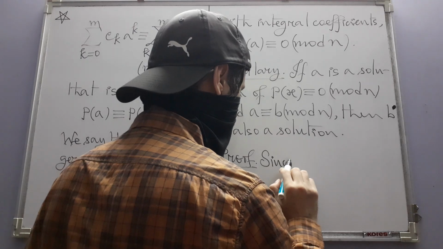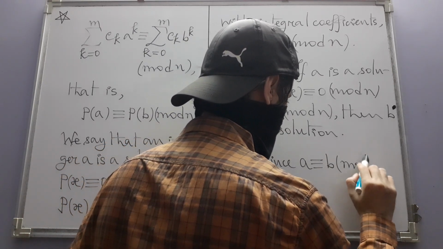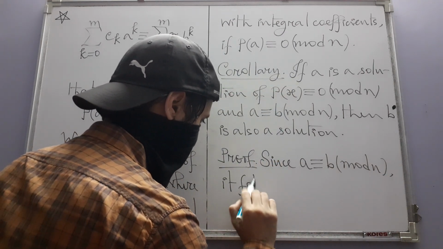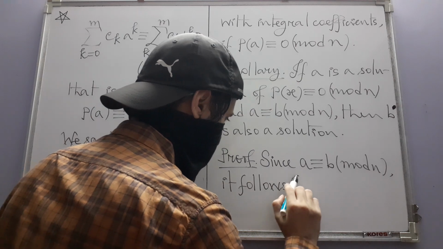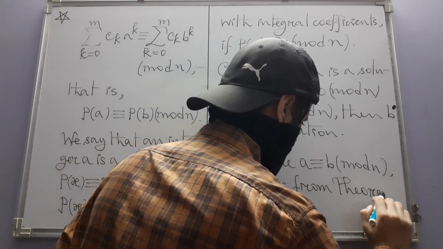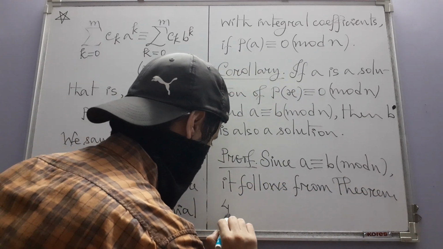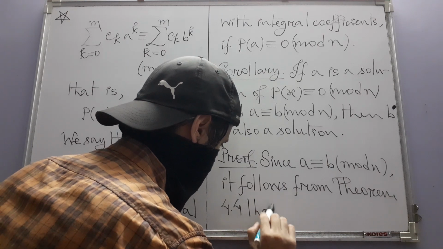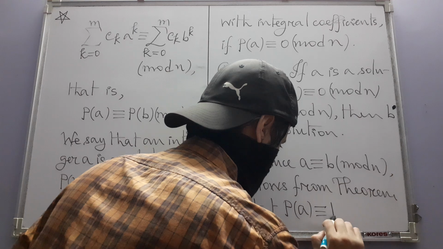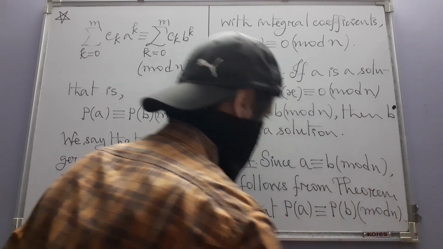Since a is congruent to b mod n, it follows from the above theorem, that is theorem 4.4, that P of a is congruent to P of b mod n.